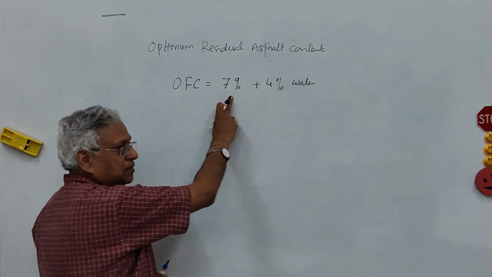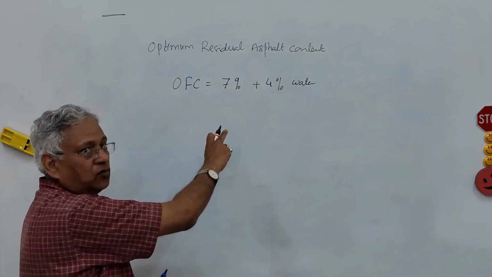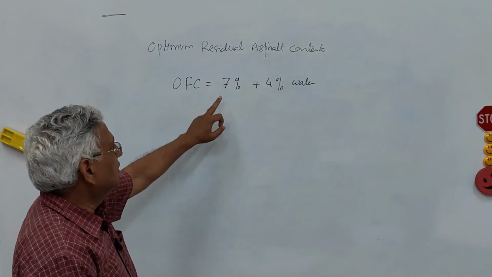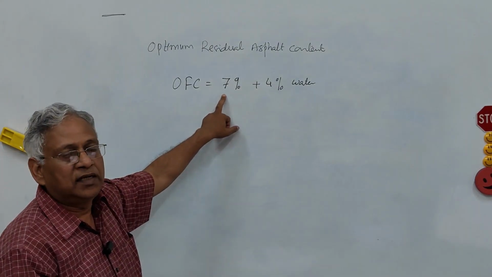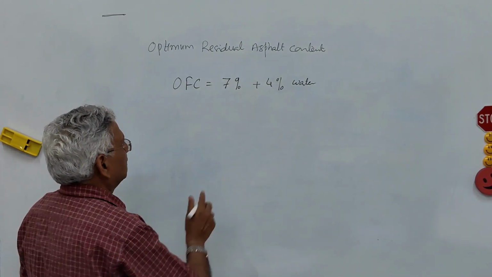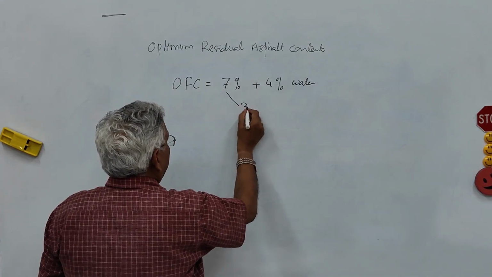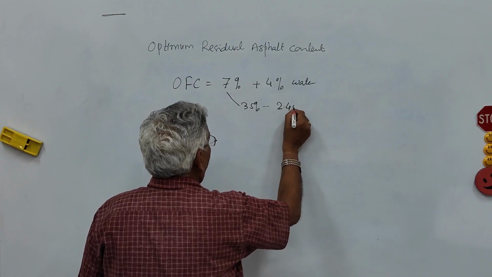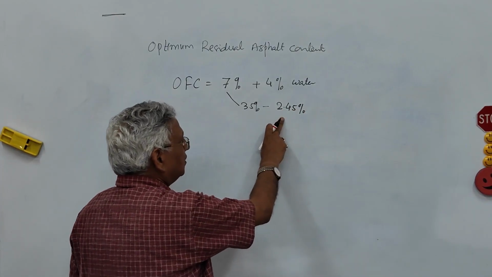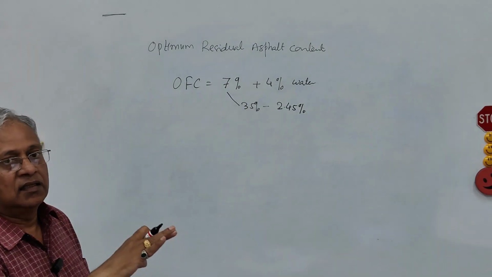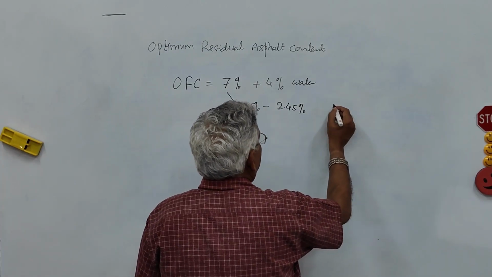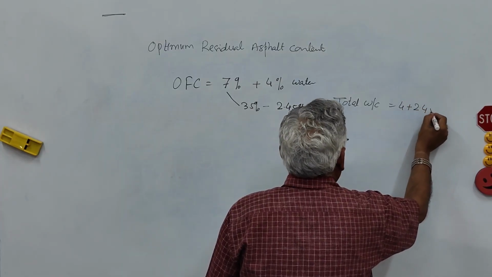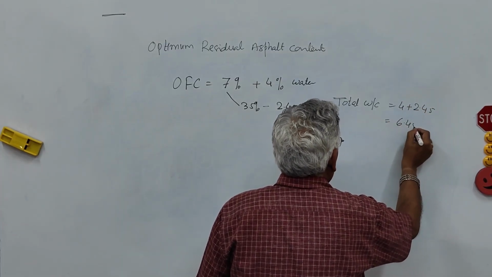This we assumed as per the equation given by MS-14, and this you got from the compaction test. Now this 7% emulsion also contains 35% water, which is 2.45%. So this water content is already there in the emulsion. So the total water content required in the mix is 4 plus 2.45, that is 6.45.